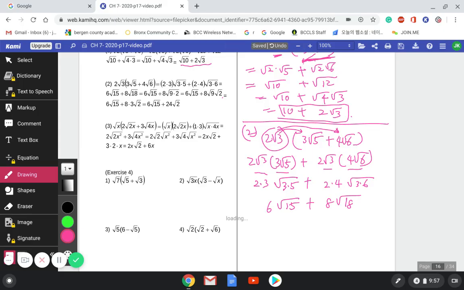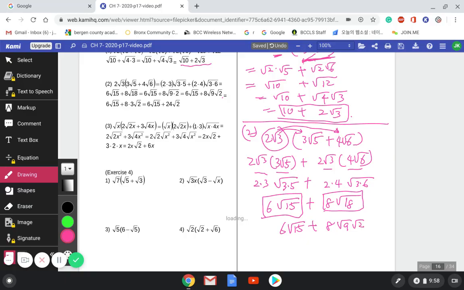Now you look into each radical value, see if you can break them into perfect squared numbers when you have index 2. The first one, you cannot break the radical 15 into a perfect squared number format, but 18 does. 18 is 9 and 2, right?